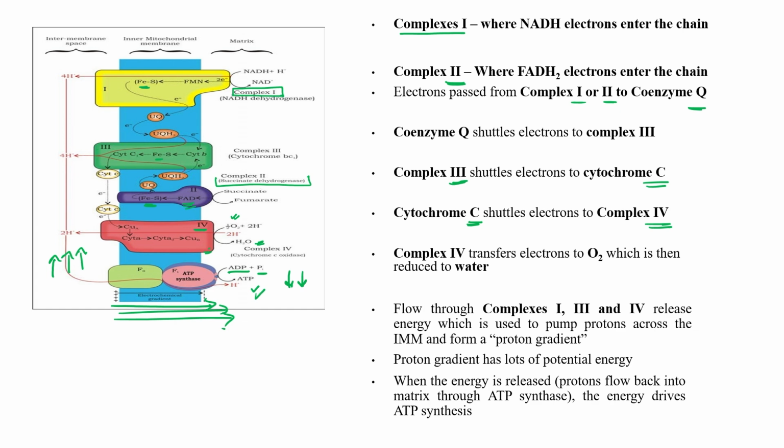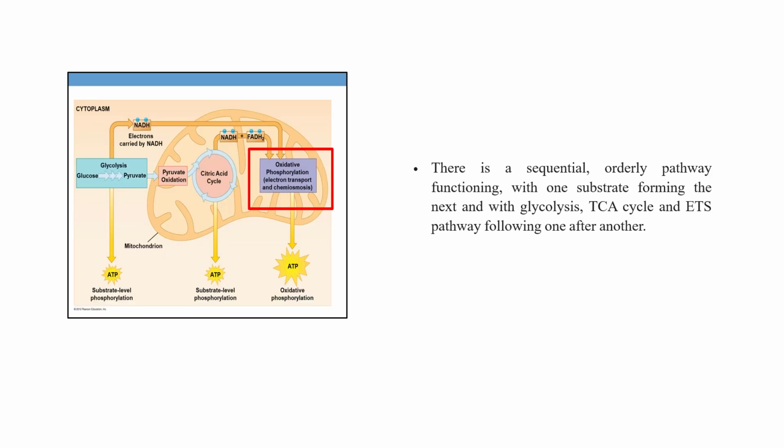So this is oxidative phosphorylation. This is a sequential, orderly process in which ATP is produced in 3 different steps.